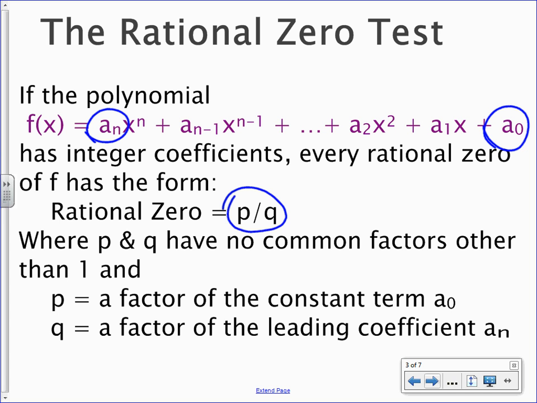So we're going to make all of these fractions of factors of this number divided by factors of this number. Okay, so we're going to narrow down our options from any number to maybe a pool of 10 or 20. Still seems like a lot, but it's less than an infinite number.